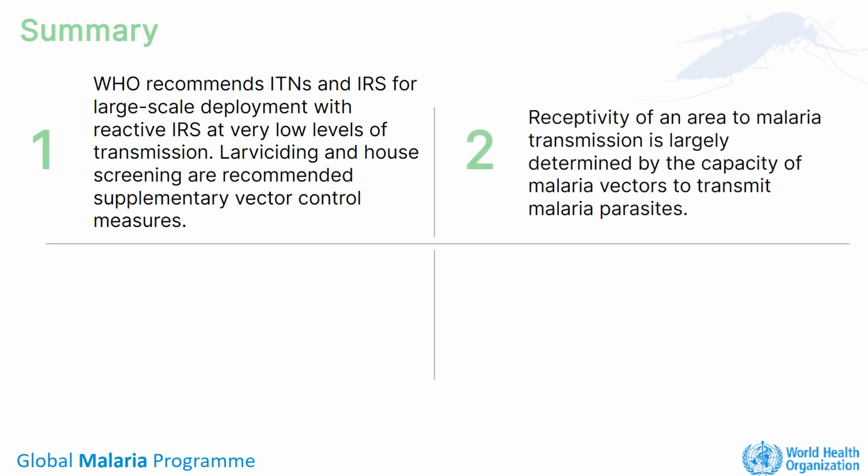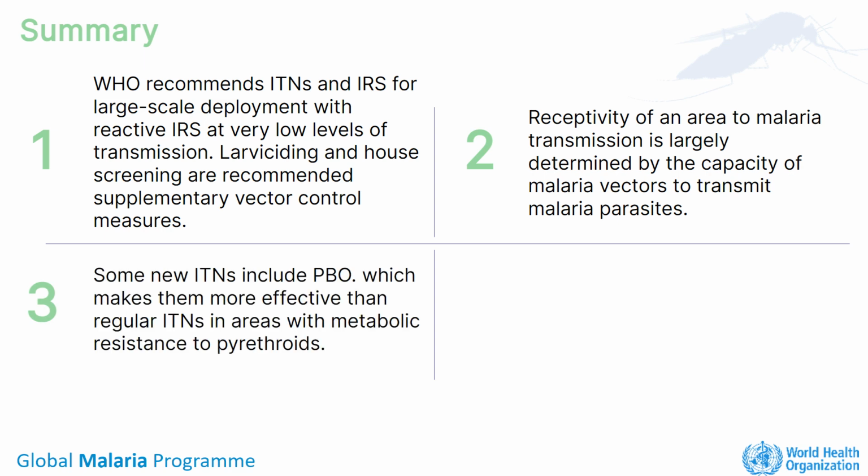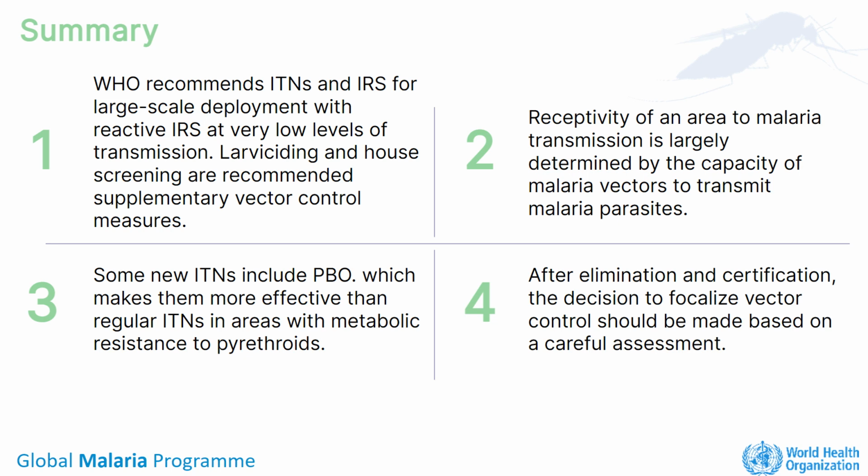Receptivity of an area to malaria transmission is largely determined by the capacity of malaria vectors to transmit malaria parasites. Some new ITNs include PBO, which makes them more effective than regular ITNs in areas with metabolic resistance to pyrethroids. After elimination and certification, the decision to focalize vector control should be based on a careful assessment.